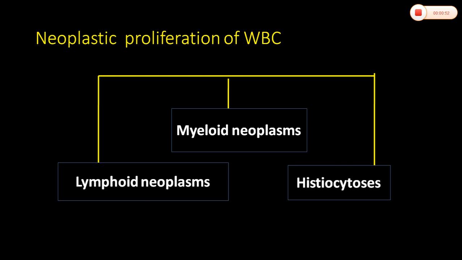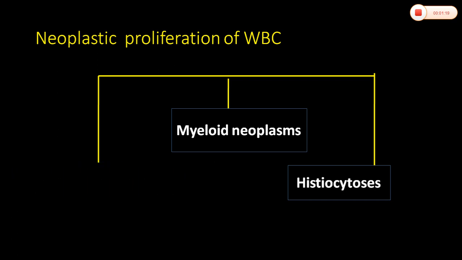And in myeloid neoplasms, the problem is there in the hematopoietic stem cells, and the neoplastic cells show features of myeloid series of cells. All the neoplasms that are showing features of myeloid series of cells, we have grouped them under myeloid neoplasms. And histiocytosis is tumors of macrophages and dendritic cells.